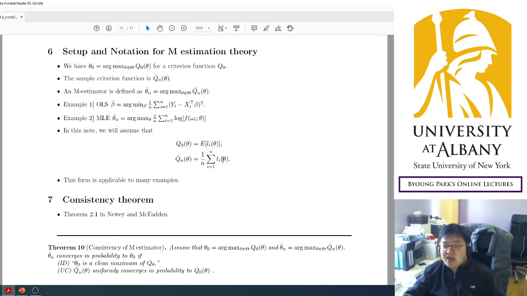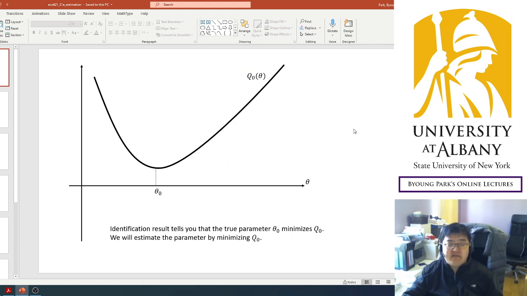Okay, I'm going to show you graphs first. If I had the blackboard, I would use the blackboard, but please understand, I'm using a simple diagram on PowerPoint. So graphically, the identification result tells you that the true parameter theta 0 minimizes the criterion function q0.